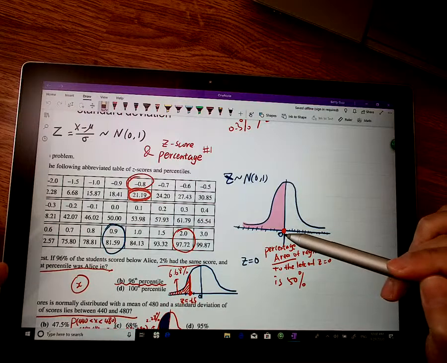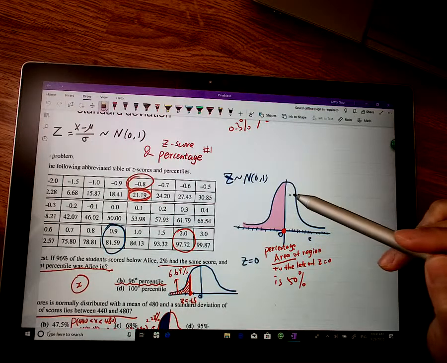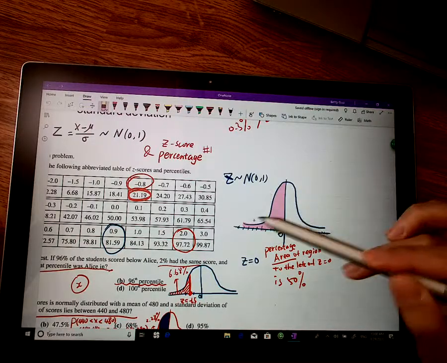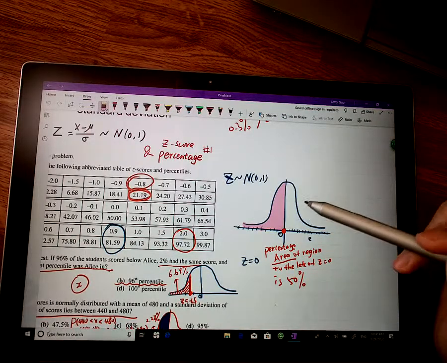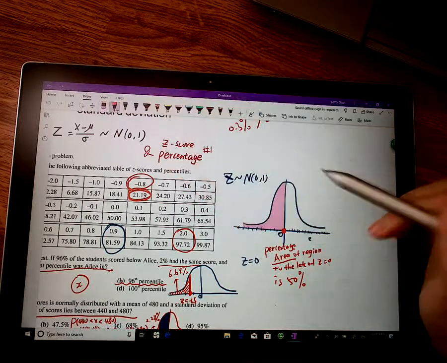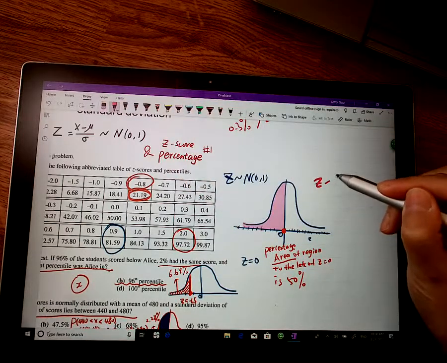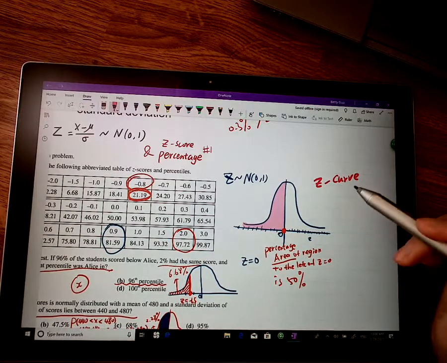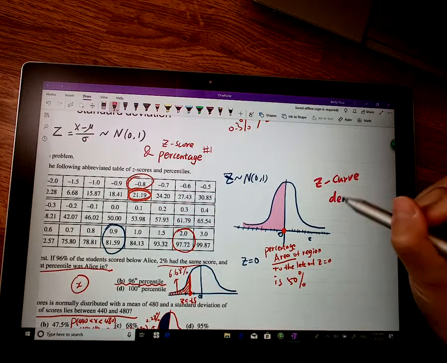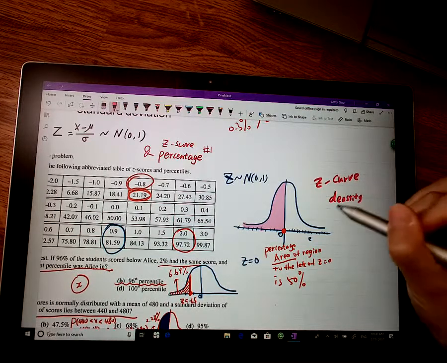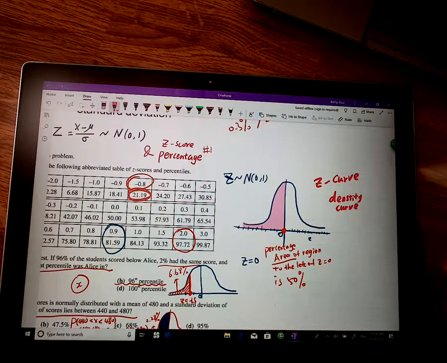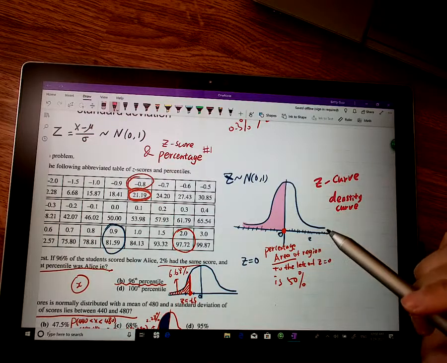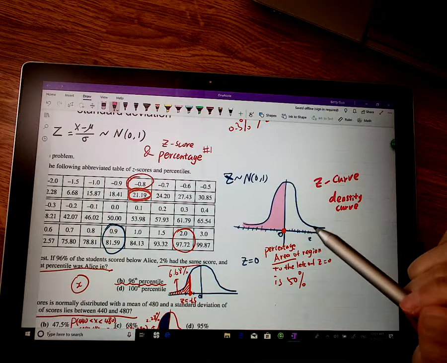Center is 0, origin. And standard deviation is 1. This curve is the Z curve. Sometimes we call it the Z curve. Z curve is the density curve of a standard normally distributed variable.